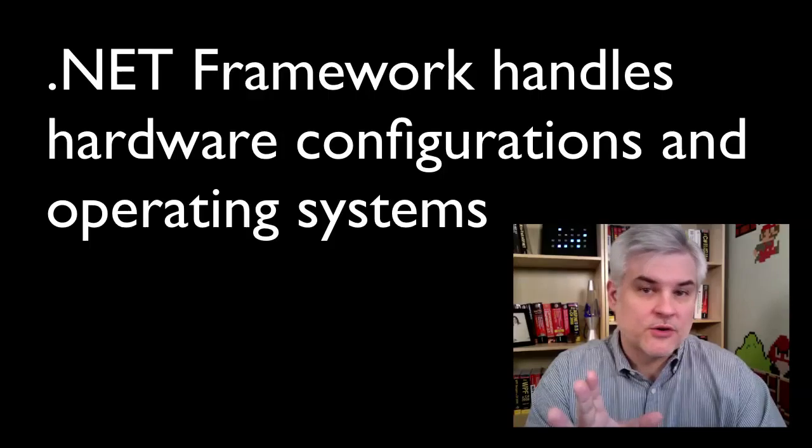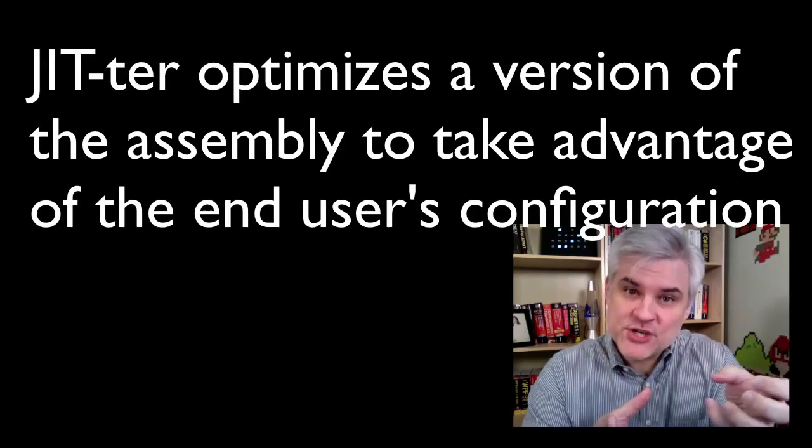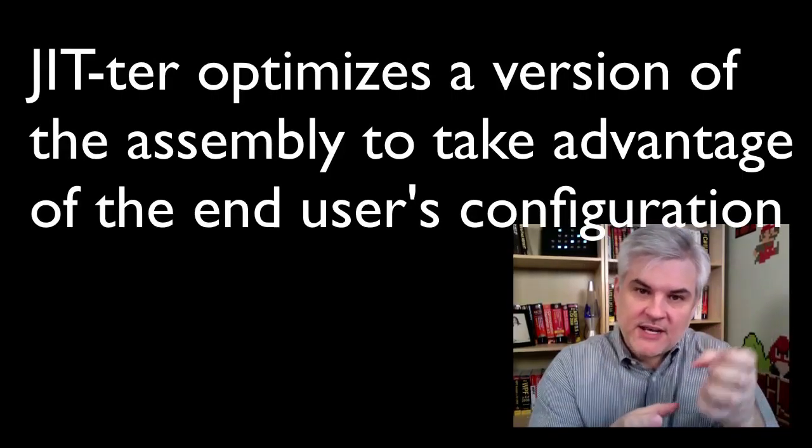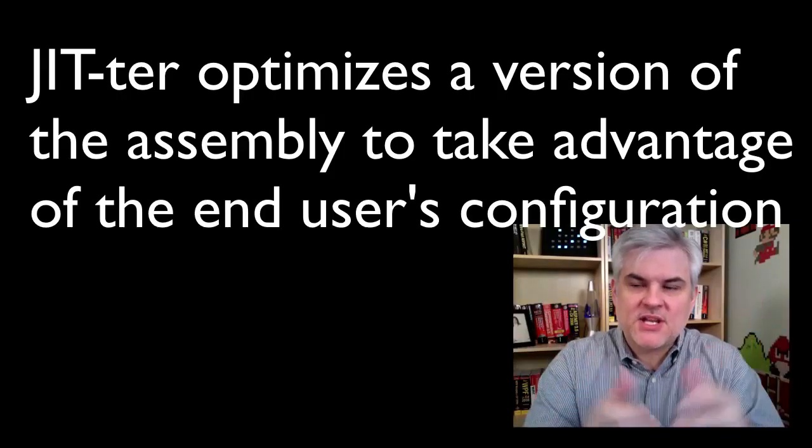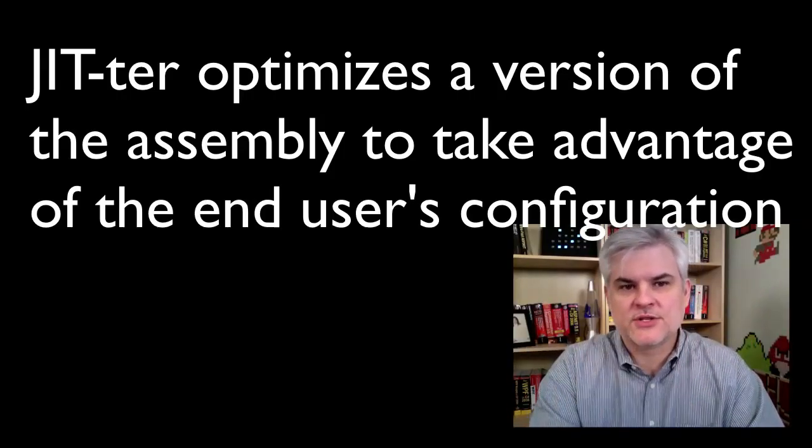The JIT, or the jitter, is the application that takes that common intermediate language version of your assembly, looks at it, and then compiles the best version based on your version of Windows, your hardware, and so on.